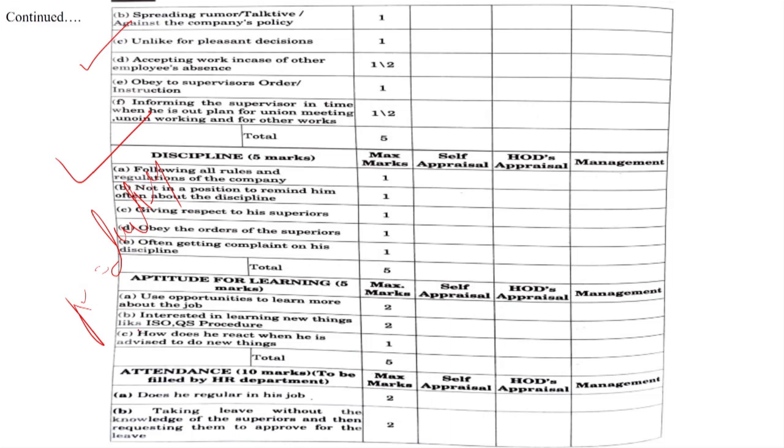Then aptitude for learning: whether the person has the aptitude to learn new things, to work on new machinery, and so on and so forth. The attendance part: whether the person is quite regular in his job or not. Taking leave without the knowledge of the superior and then requesting them to approve the leave. Look at this, minute things are taken into consideration when the performance is being appraised.